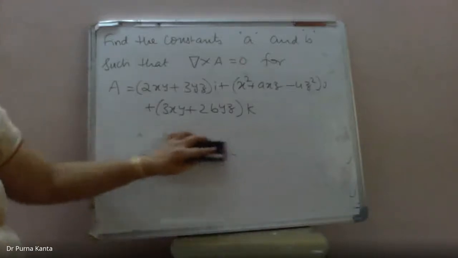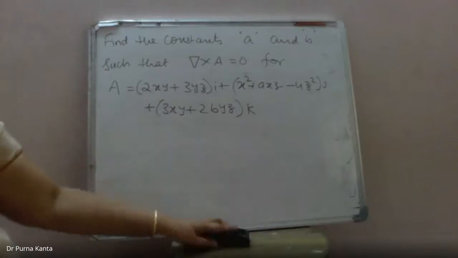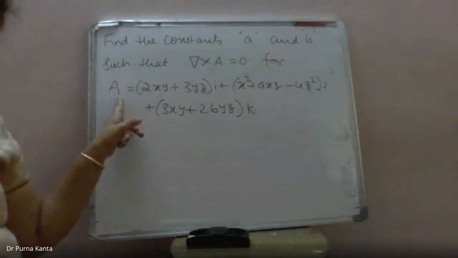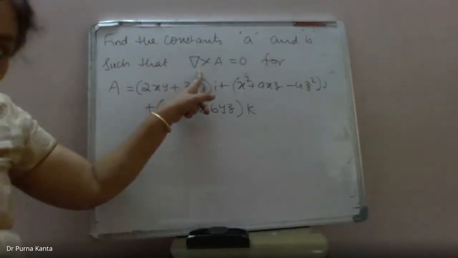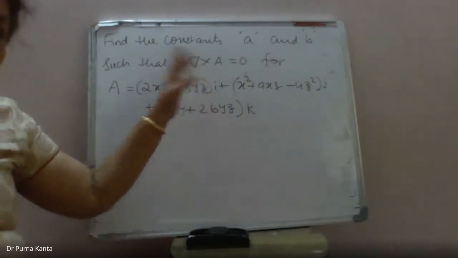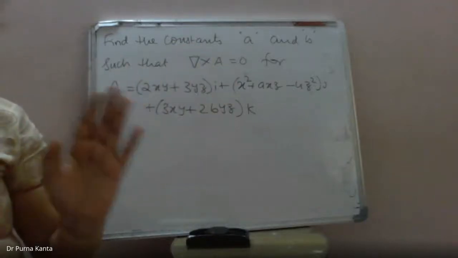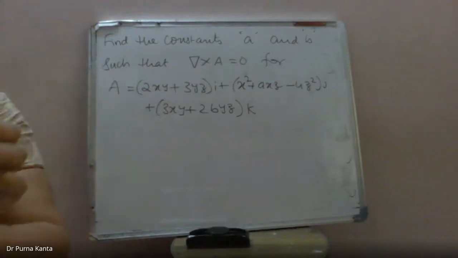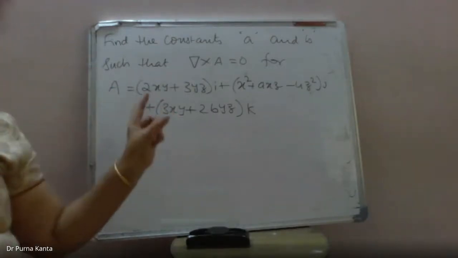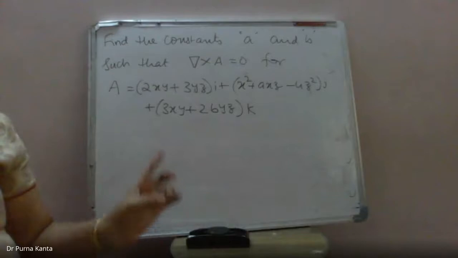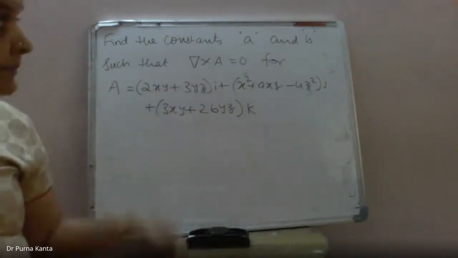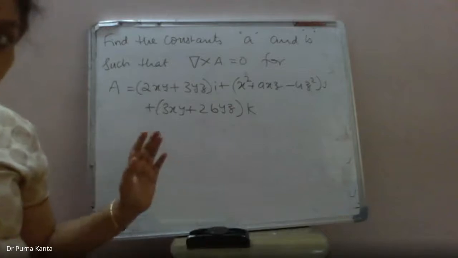So in this problem, we are given the condition that curl of A is equal to 0. We know how to calculate curl, so calculate the curl and equate it to 0. That means each component, the i component, j component and k component, we have to equate to 0. Then automatically we'll get the constant values a and b. That is the process to be done. Did you understand? Can you try?